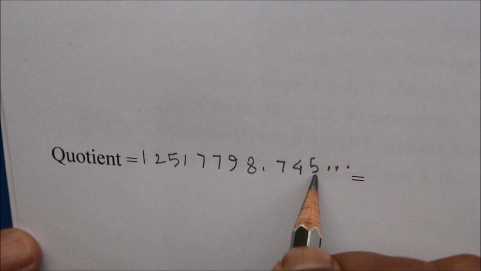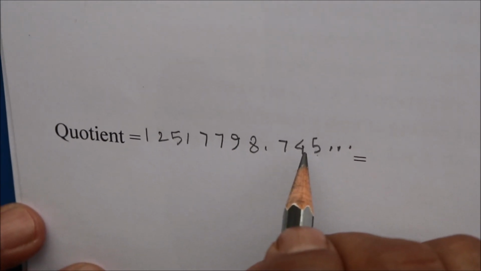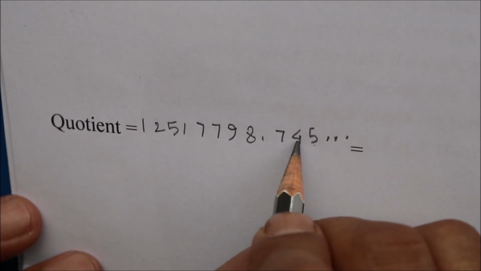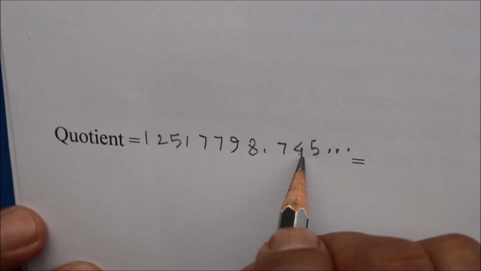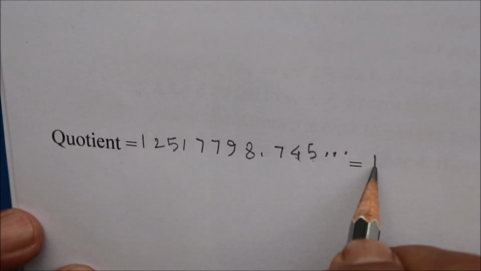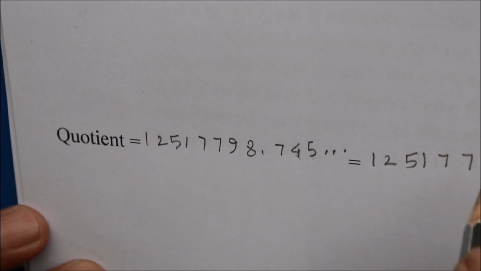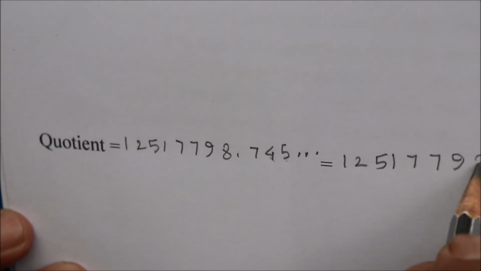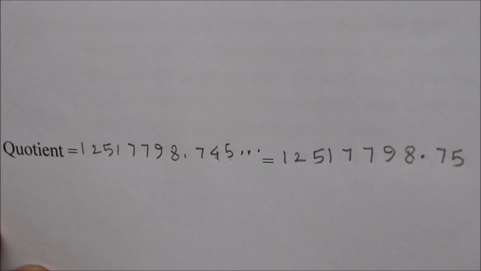Therefore, we add 1 to the second decimal place. So 4 plus 1 is 5. Therefore, the quotient correct to 2 decimal places is 1251778.75 approximately.